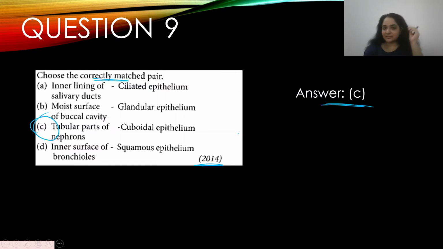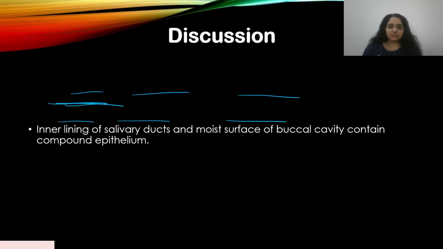We discussed that in the first question, where we spoke about the brush border cuboidal epithelium. So the answer is obviously C, but A, B, and D also have answers that should have been the correct answer.